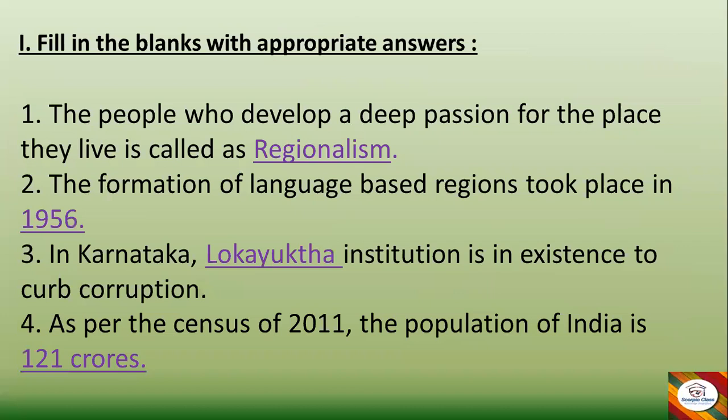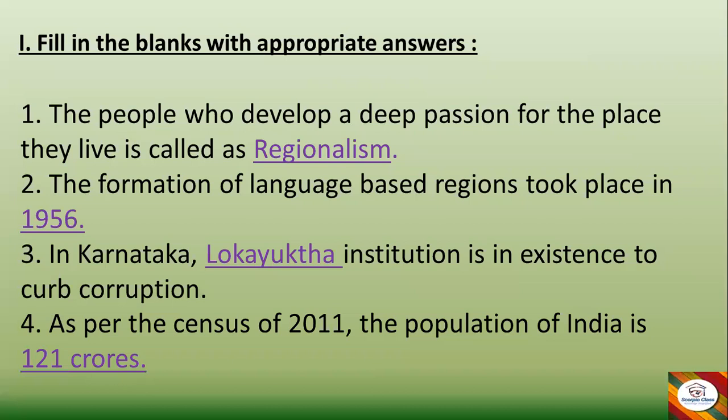So the very first thing is fill in the blanks. We have to fill in the blanks with the appropriate answers. The first one, the people who develop a deep passion for the place they live is called as dash. It is regionalism. The formation of language-based regions took place in dash. It is 1956.